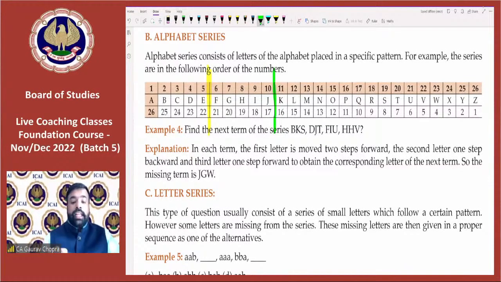F is 6, G 7, H 8, I 9, J 10 in this manner. Similarly, after that from 11 to 15, then from 16 to 20, and then up to the last. All right. So it becomes easy for us to calculate the numbers.